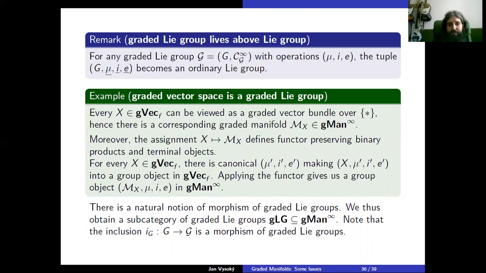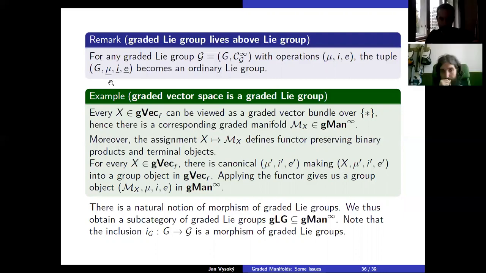There is a simple remark one can show easily, that's completely trivial: a graded Lie group is a graded manifold, so it lives above some underlying manifold. And if I look at the operations, which are graded smooth maps, I can look at the underlying maps of them, and this four-tuple becomes an ordinary Lie group.